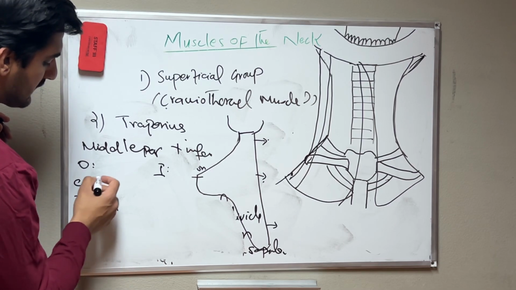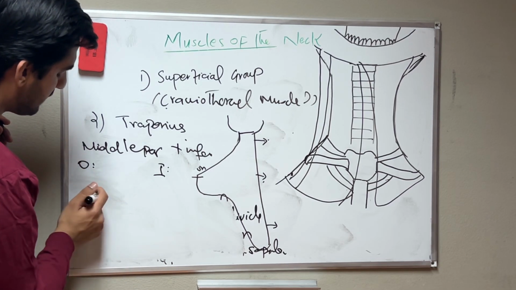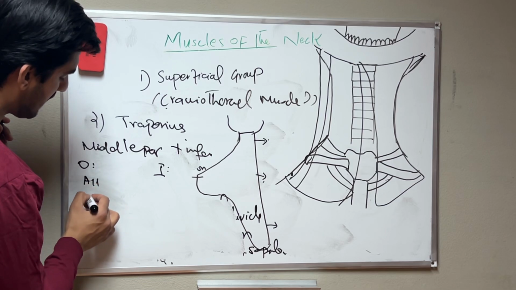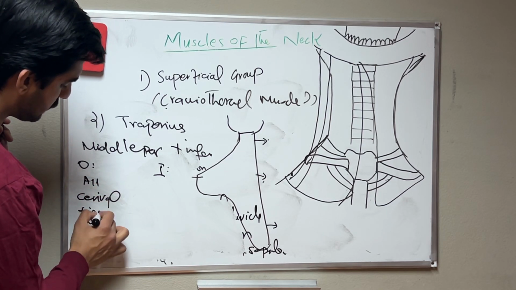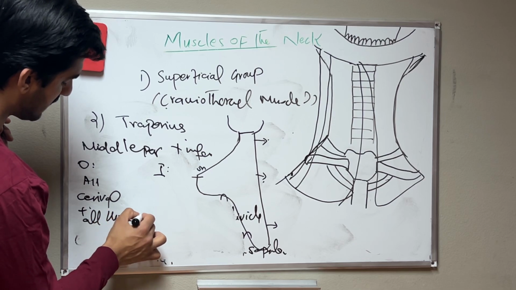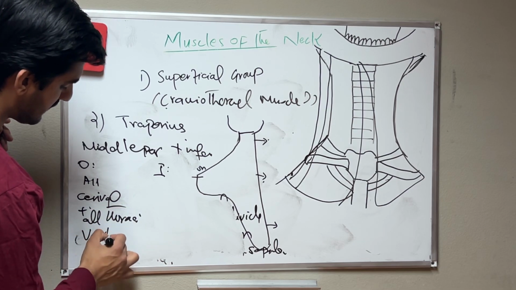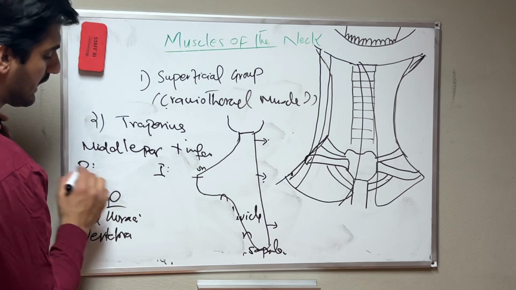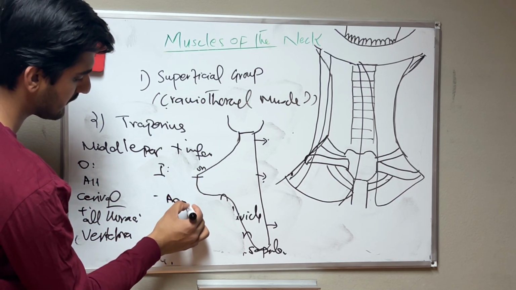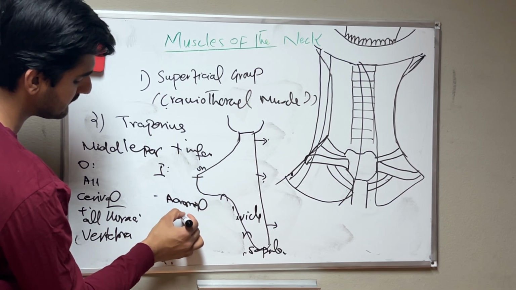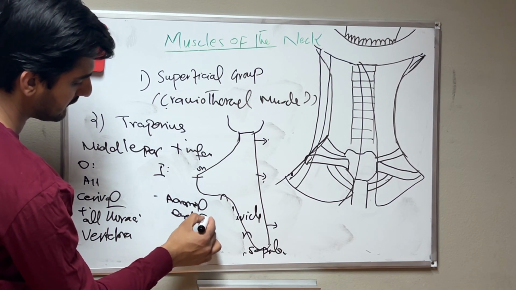Okay, now you can say all cervical plus all thoracic vertebra. This is the origination, and then insertion into the same acromial end of what?